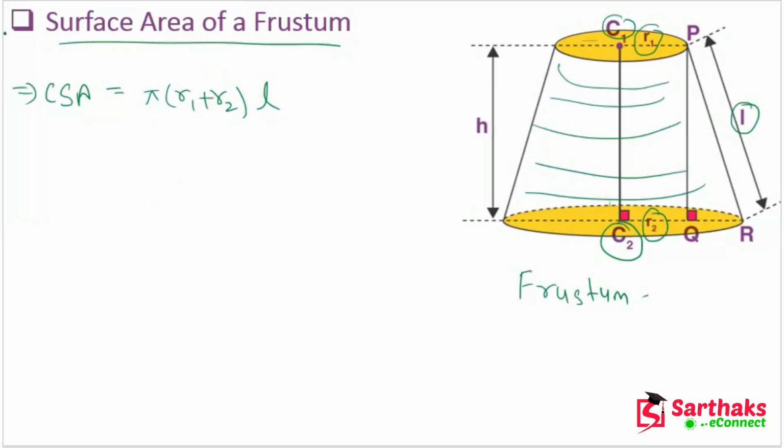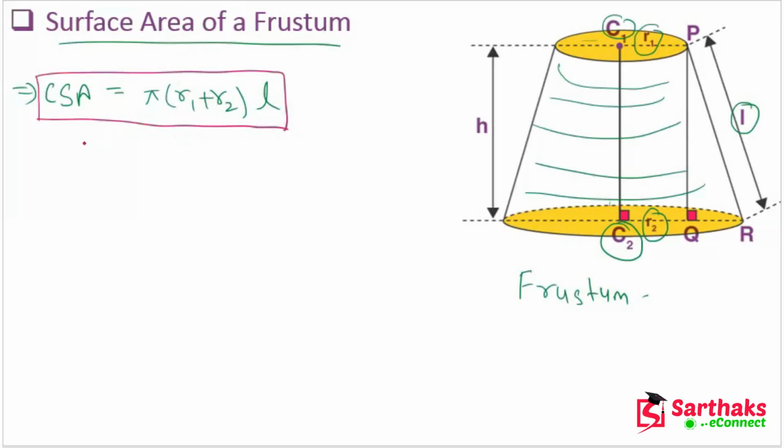This is similar to the curved surface area of the cone, but here we have two radii, so we write r1 plus r2. What is the CSA of the cone? Pi r l. But in this case the CSA is pi into (r1 plus r2) into l.